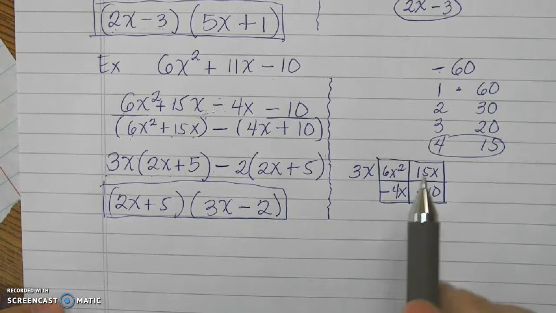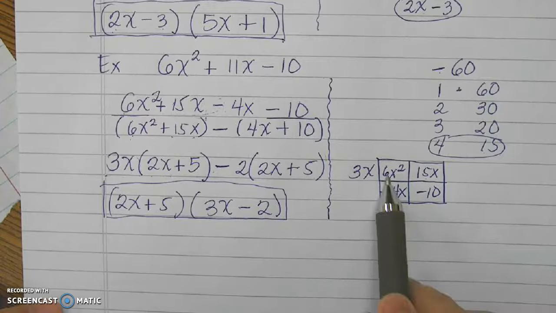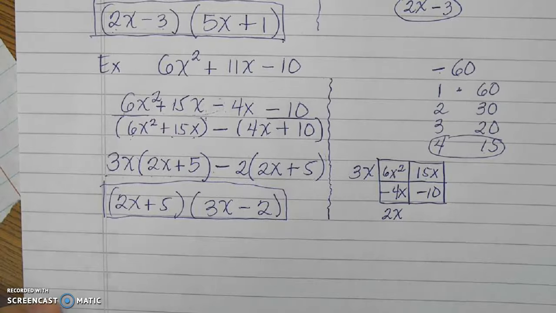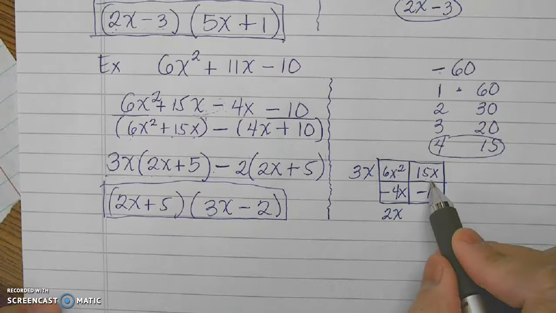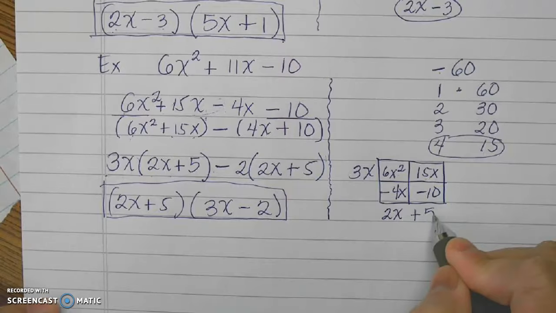Okay. If that's 3x, what will I multiply by it to make 6x squared? 2x. The way to check is 2x times 3x is 6x squared. So this is 15x, that's 3x. This must be a positive 5.